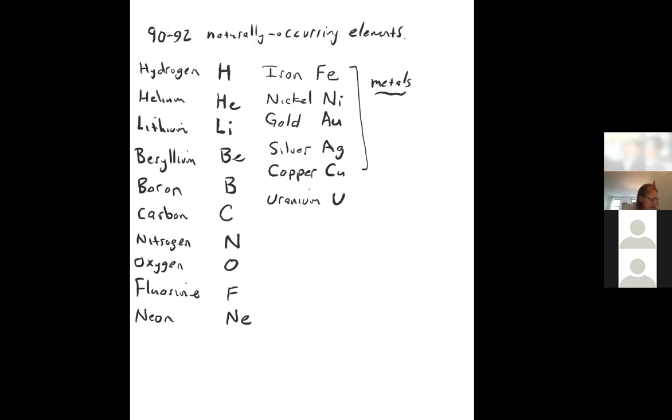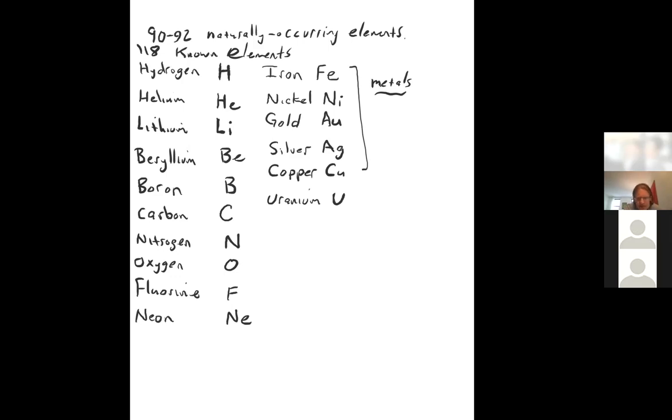So as I said, there's 90 to 92 naturally occurring elements, but there are now 118 known elements. Okay. And those 118 known elements include the 90 to 92. The reason I say 90 to 92 is that there's a couple of elements that you can find in nature, but they're very rare.